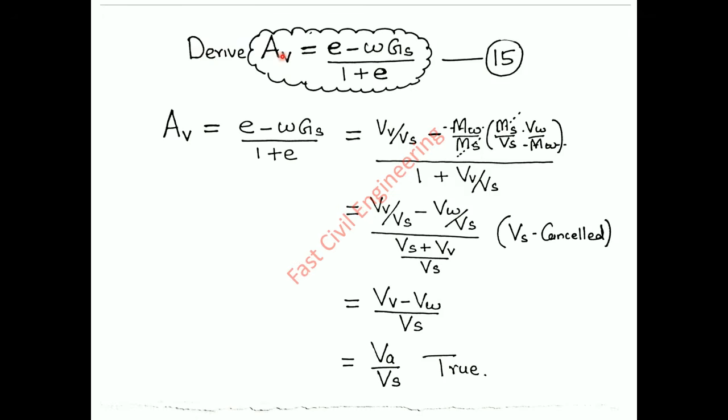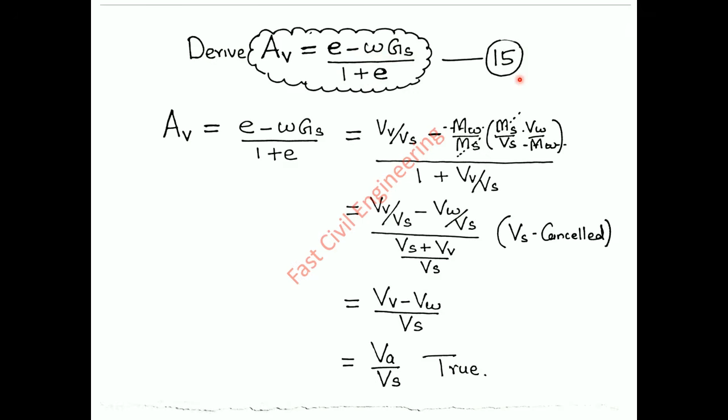Derive AB is equal to E minus WGS over 1 plus E, equation number 15. That means air voids is equal to void ratio minus water content times GS over 1 plus void ratio.